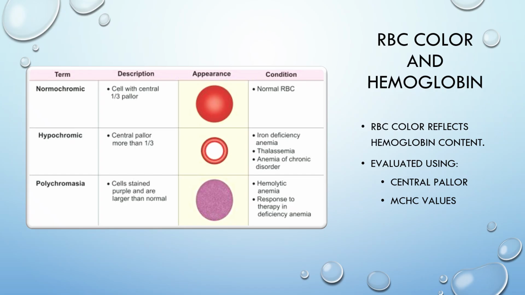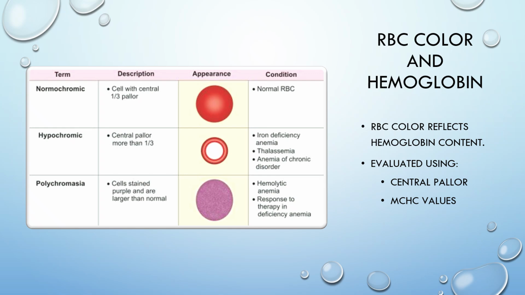So the amount of hemoglobin present in each cell directly influences how intensely that cell appears under the microscope. There are two main ways we evaluate this. First, visually by looking at the central pallor, that lighter area in the center of the red blood cell. The size of that pale region gives us a quick estimate of hemoglobin concentration.